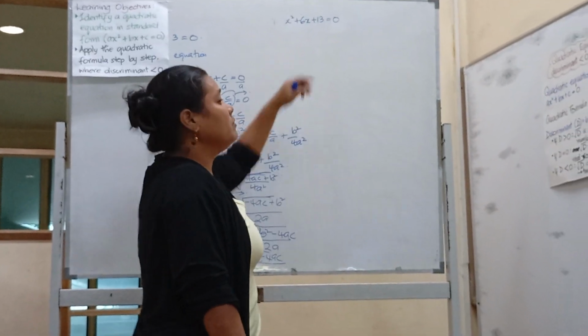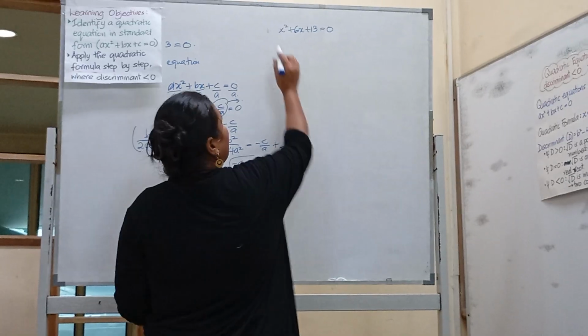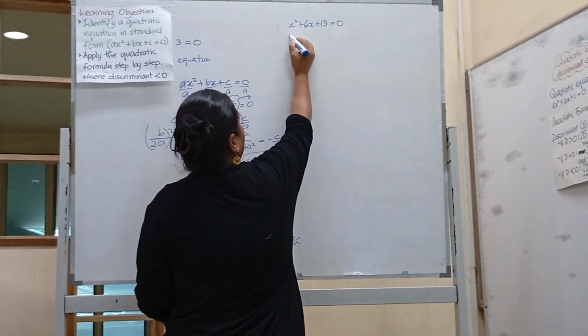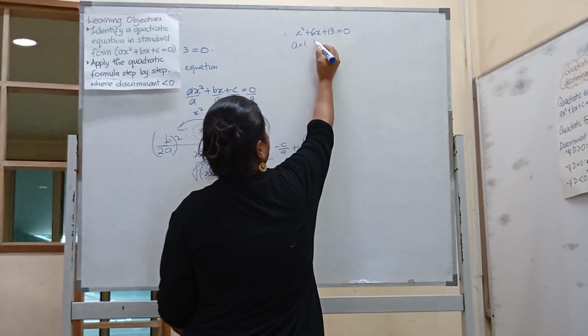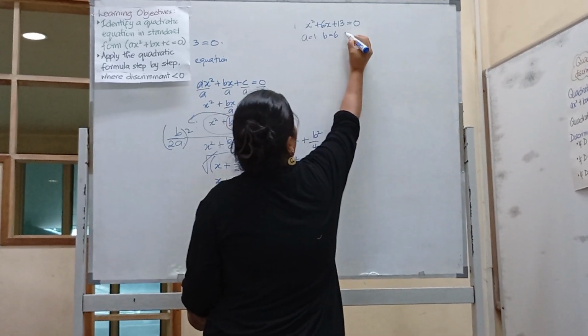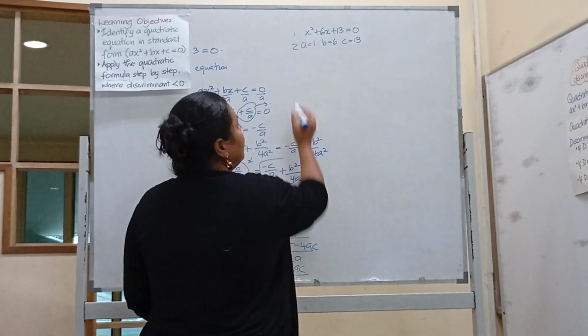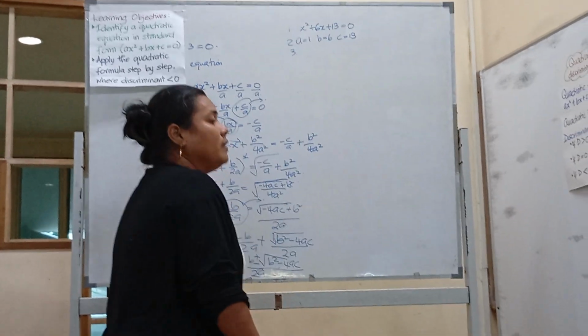Now we're going to step 2. Identify the coefficients. Here, what is the coefficient of x squared? 1. Okay, so A is 1, B is 6, and C is 13. Then step 3, calculate the discriminant.